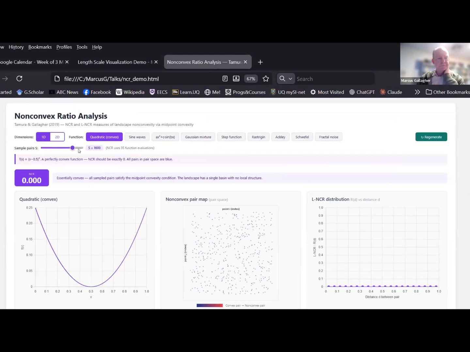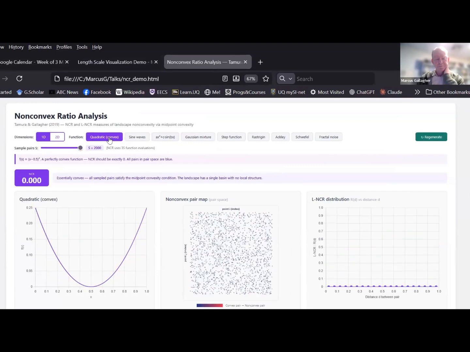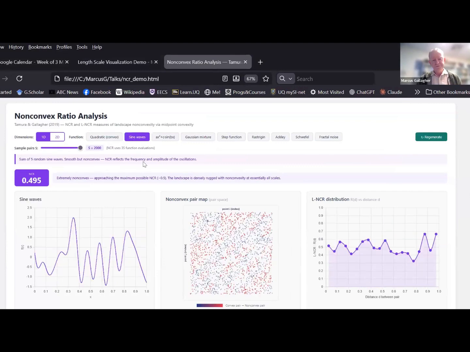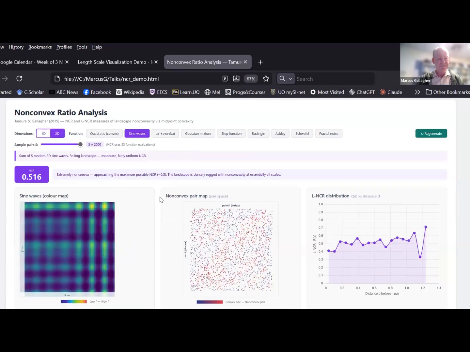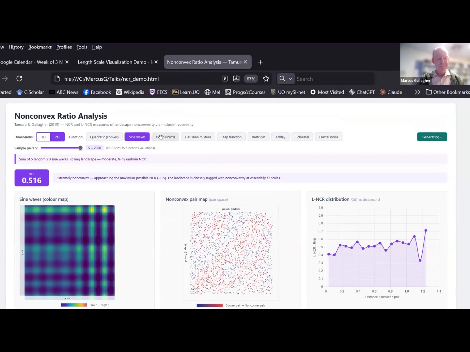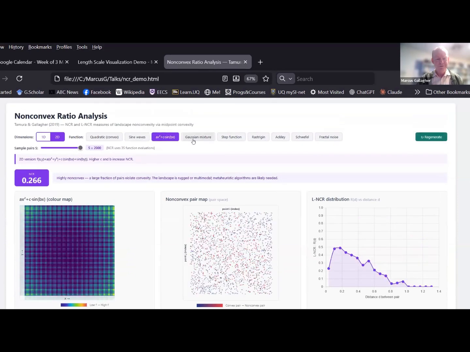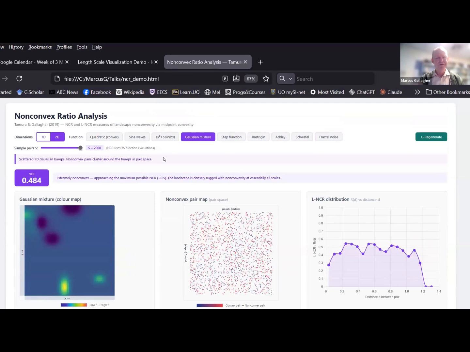And I can change the number of points in the sample. You can see similar things happening to the picture in my slides. But it's pretty cool that you can just vibe code up these kinds of things. I think I also have two-dimensional functions in here as well, which all just magically happens thanks to AI vibe coding.